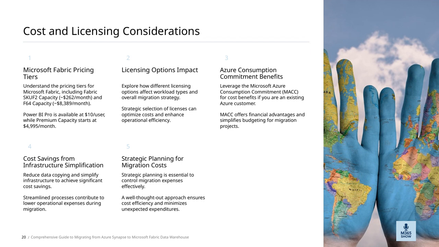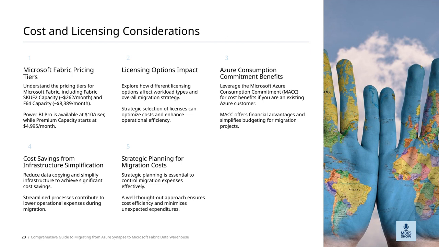Speaking of costs, let's touch on Microsoft Fabric pricing tiers. For example, the Fabric SKU-F2 capacity costs around $262 per month, while the F64 capacity is approximately $8,389 per month. Power BI Pro is priced at $10 per user, and for more extensive needs, premium capacity starts at $4,995 per month.